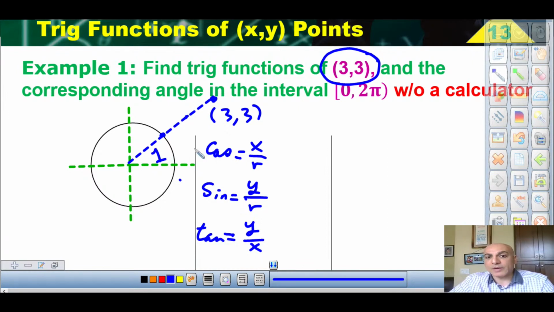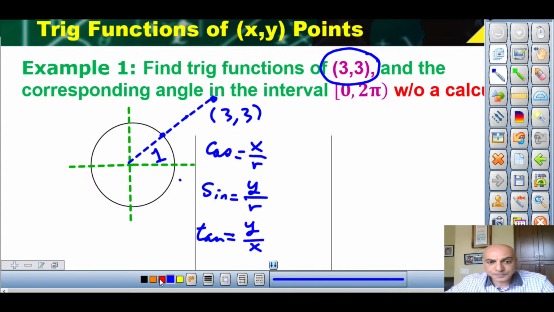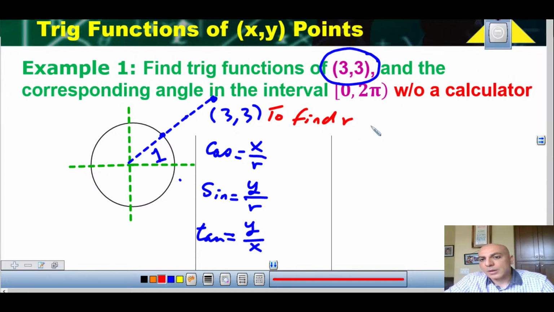To find r, I'm just using the Pythagorean theorem, by the way. r equals the square root of x squared plus y squared. Basically, I'm looking at the point here.